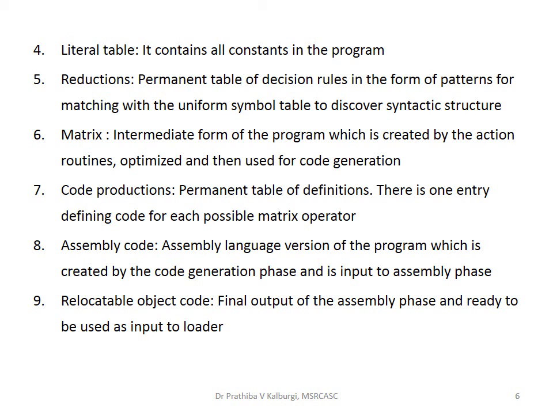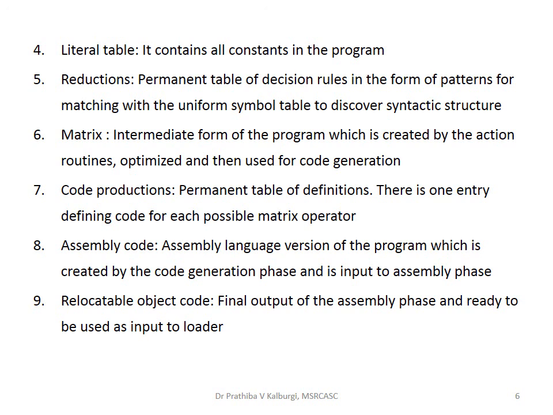As I've already told, you have the different operators, that is nothing but simple operators such as star, equal to, minus, plus, etc. So here there is only one entry defining the code for each possible matrix operator.